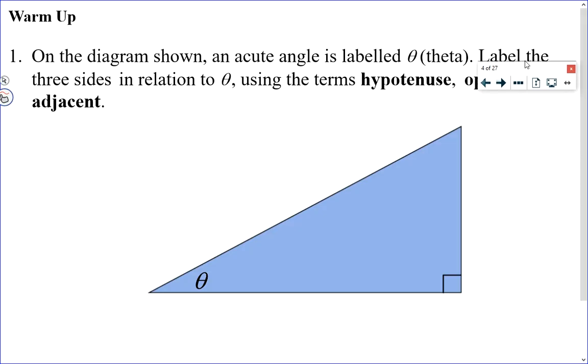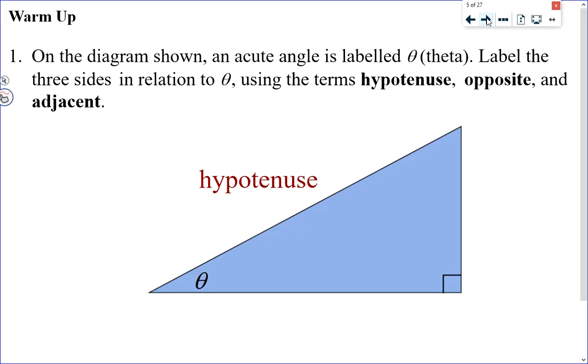Well, I always start with the hypotenuse. The hypotenuse in a right triangle is always the side that is longest. So you can write down that this is the hypotenuse. Then what I do is I talk about which of the sides is opposite.